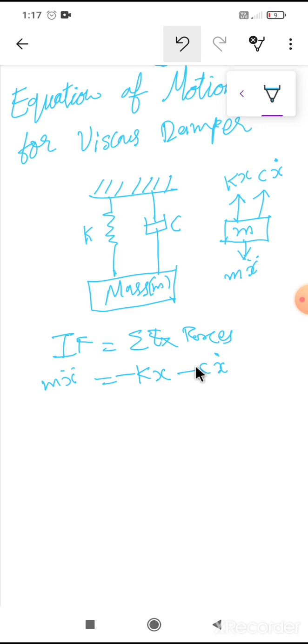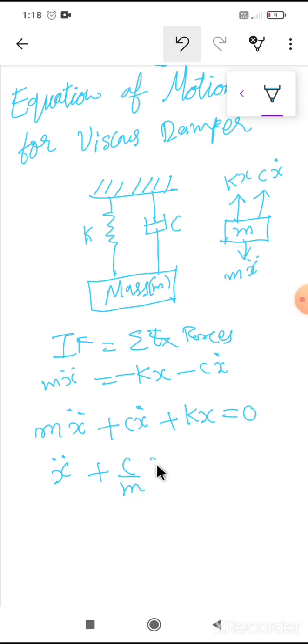If I bring the negative terms to the left hand side, I get mx double dot plus cx dot plus kx equal to 0. If I divide the whole equation by m, I get x double dot plus c by m x dot plus k x by m equal to 0.